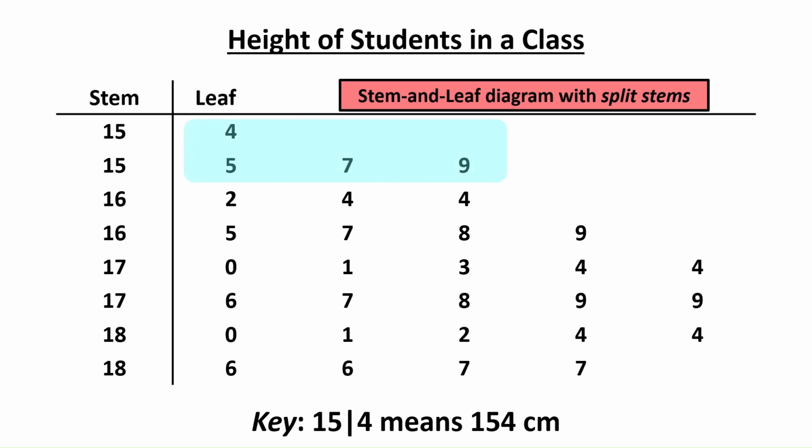The first row is for the data values between 150 and 154 inclusive, and the second row is for data values between 155 and 159 inclusive. Similarly, the leaves for the stem 16 are also split into two groups for data values between 160 and 164 inclusive, and for data values between 165 and 169 inclusive, and so on for the stems 17 and 18.